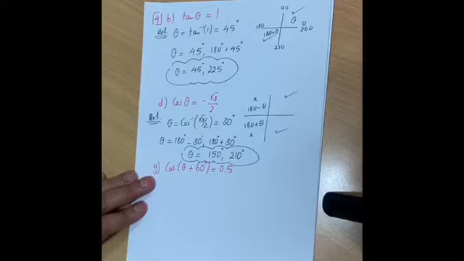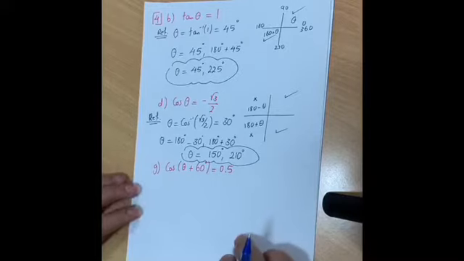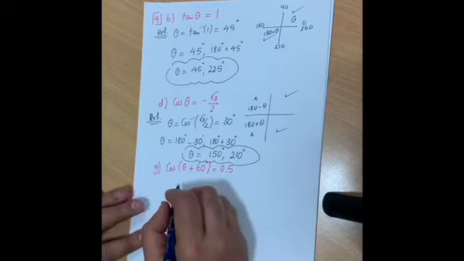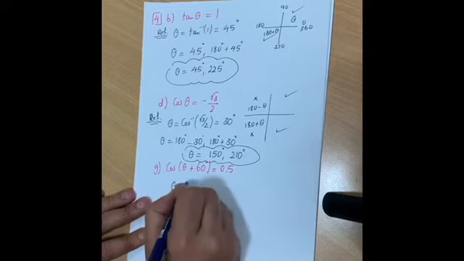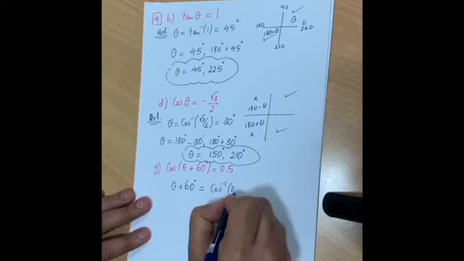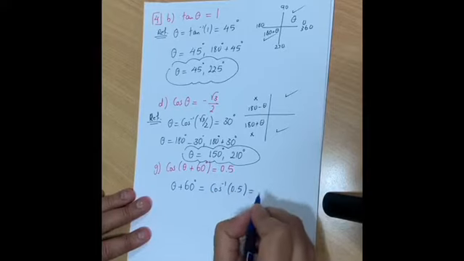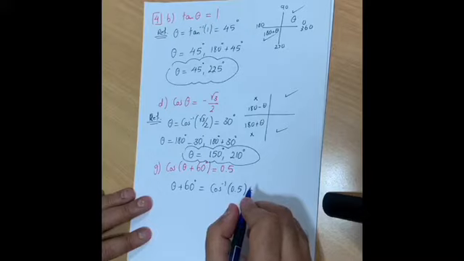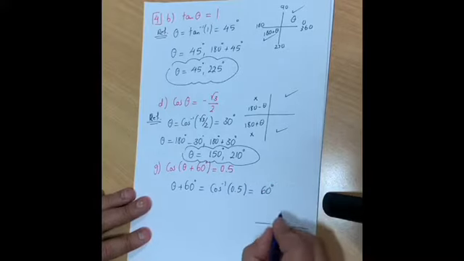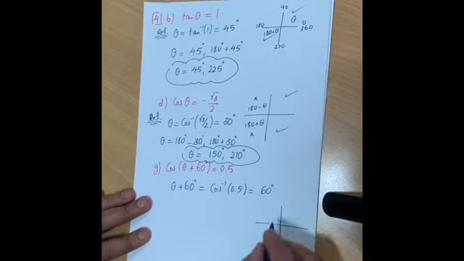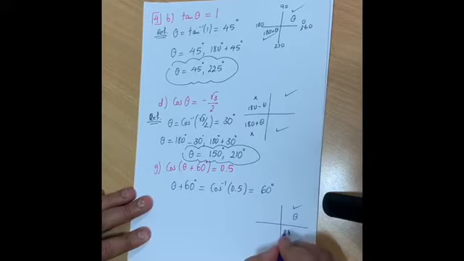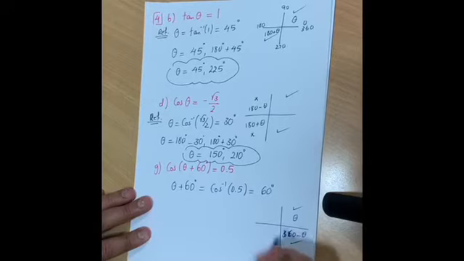Now, last one on this question, cosine of theta plus 60 is equal to 0.5. What you're supposed to do first: theta plus 60, you just keep it as it is, and you do inverse cosine of 0.5. 0.5 is half, which is 60 degrees. Based on the range, cosine is positive in the first and fourth, expressions are theta and 360 minus theta.